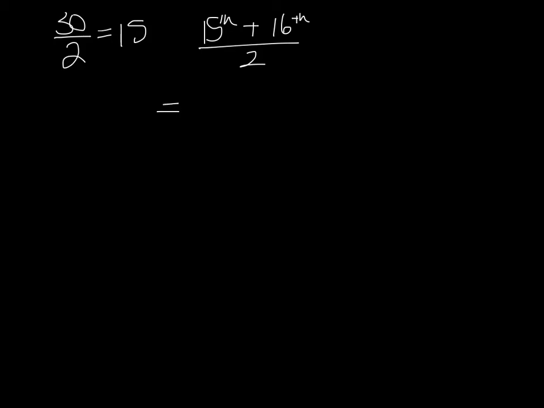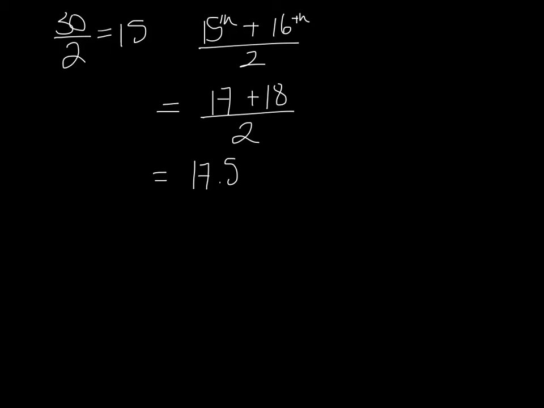So the 15th piece is 1, 2, 3, 4, 5, 6, 7, 8, 9, 10, 11, 12, 13, 14, 15, 17. I might need to count that again. This is another problem with stats. 1, 2, 3, 4, 5, 6, 7, 8, 9, 10, 13, 14, 15. Yep, and the second one is 18. So that should give me 17.5.